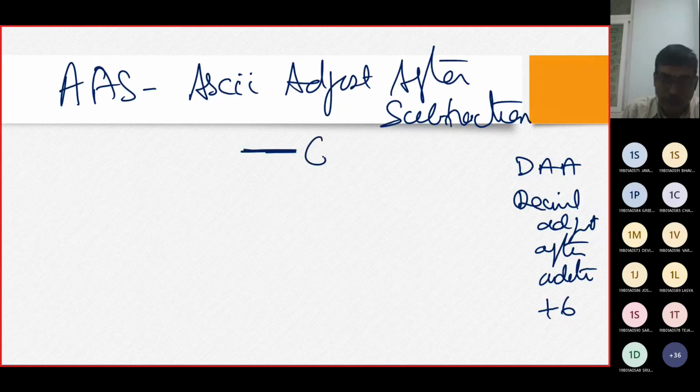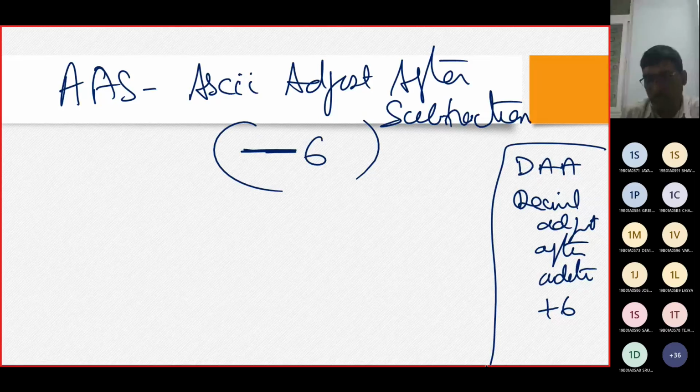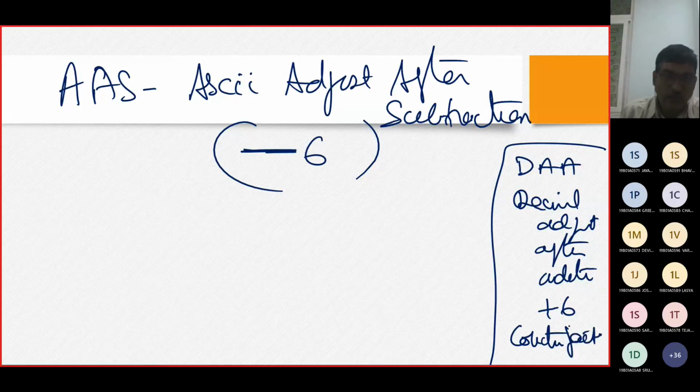Now we have to make it -6. When we did decimal adjust after addition, we used +6 as a correction factor. Now we use -6 as a correction factor.